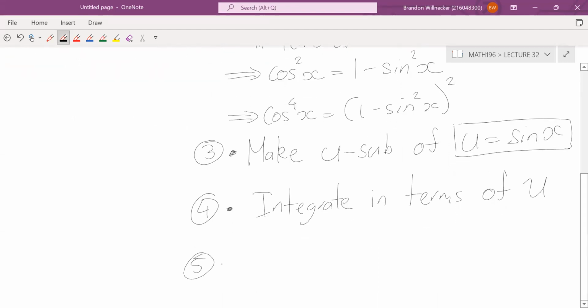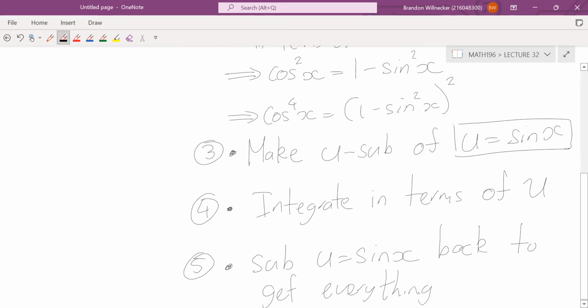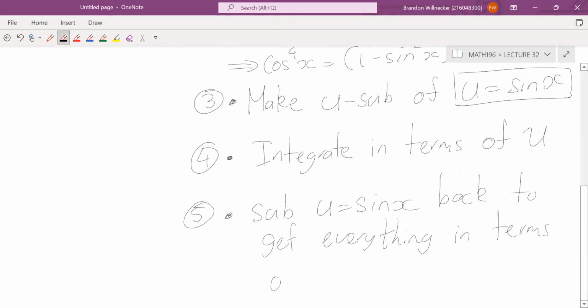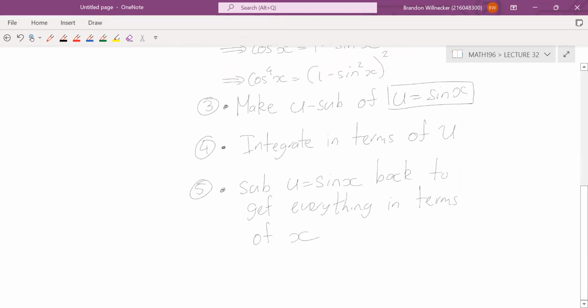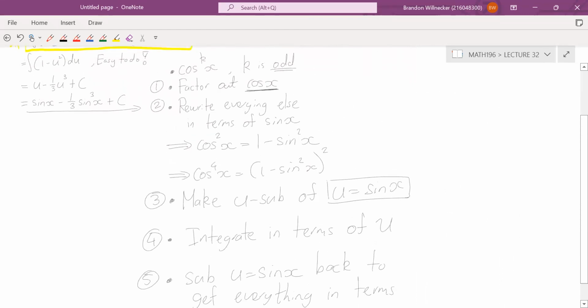And finally, the last step, sub u equals sine x back to get everything in terms of x. Okay, so that is our guide.